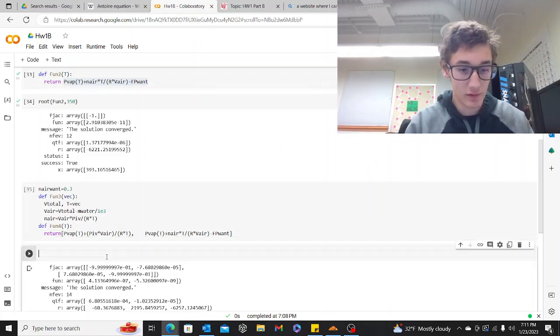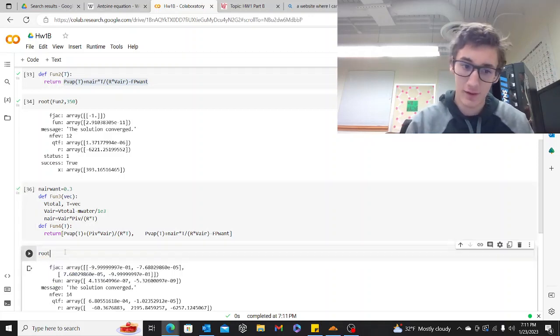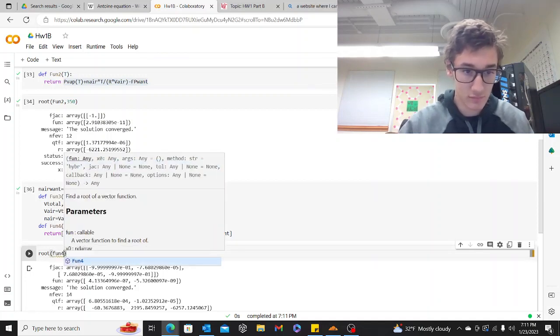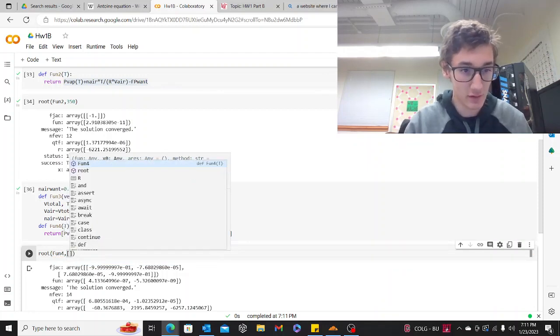So now we would see if this is broken. It's not broken yet, but now we have root function, or fun4, comma brackets as what we have as a vector.